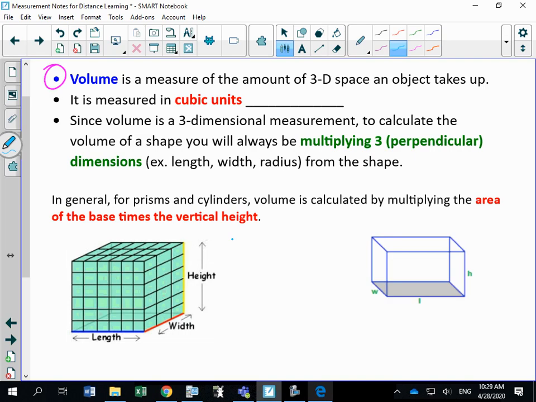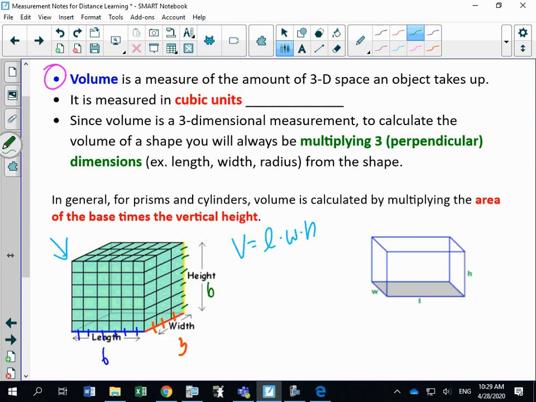So let's write that down. And actually, I'll use this one. The length is 1, 2, 3, 4, 5, 6 units, and the width is 3 units, and the height is 6 units as well.